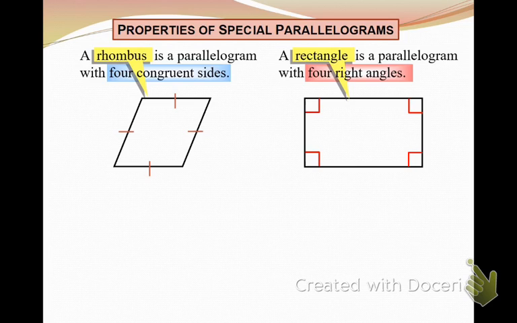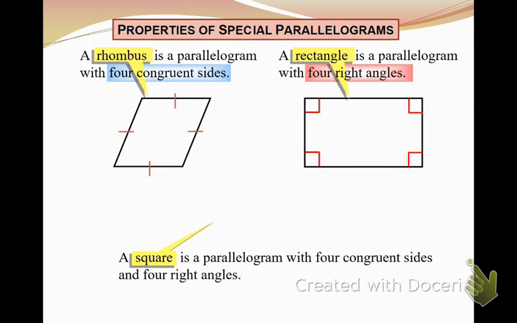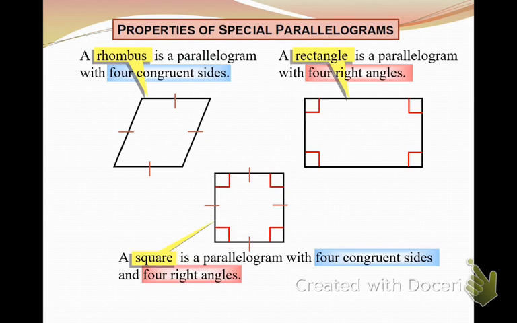And the last, if a rhombus and a rectangle got together, had a baby, it would be a square, because a square is a parallelogram with 4 congruent sides, just like a rhombus, and 4 right angles, just like a rectangle. So whatever properties a rhombus has, a square also has. Whatever properties a rectangle has, a square also has.